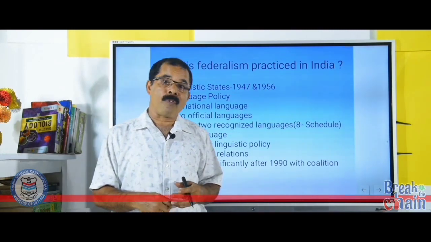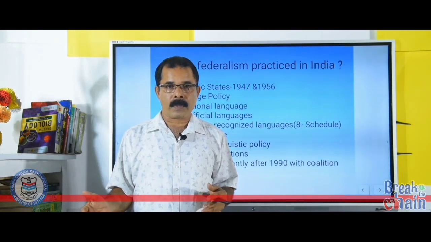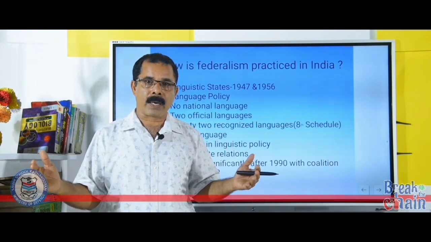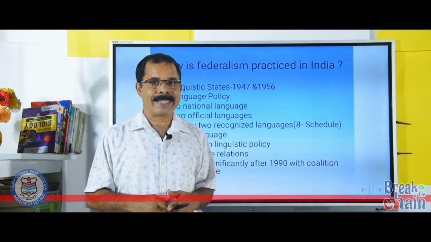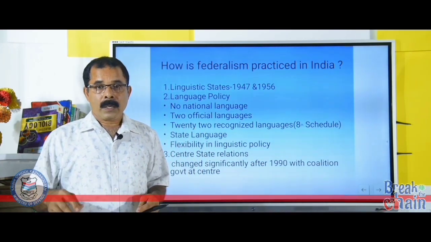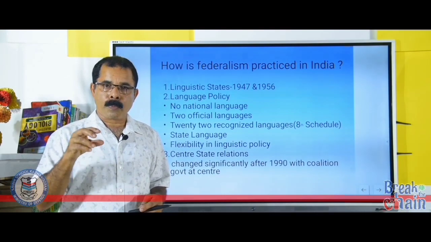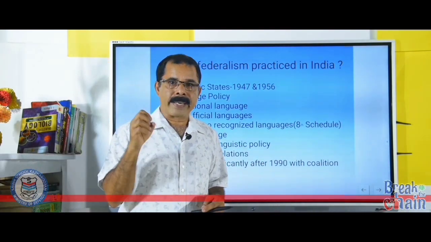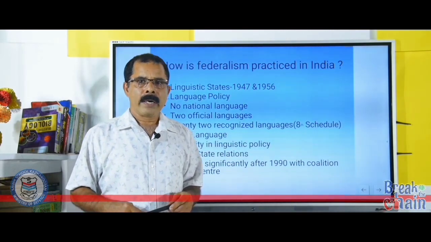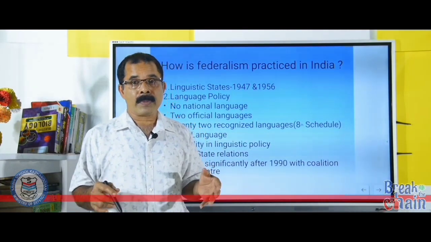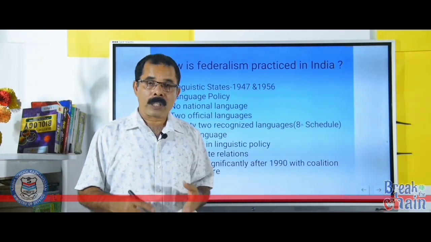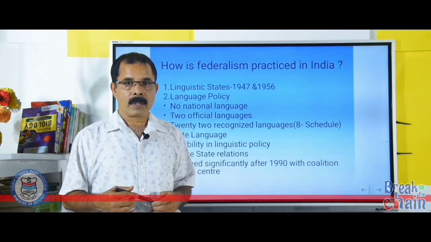The erstwhile provinces like Madras province, Punjab province, Bengal province were converted into states. But later it was felt that it is important to promote and accommodate regional diversity. Therefore, there was a thought whether the states have to be rearranged on the basis of language.